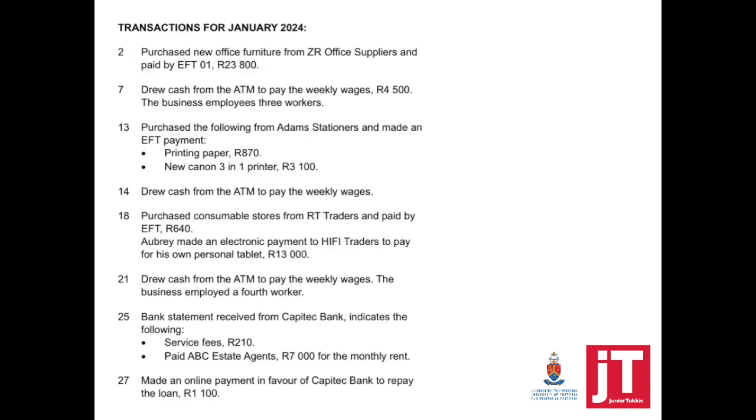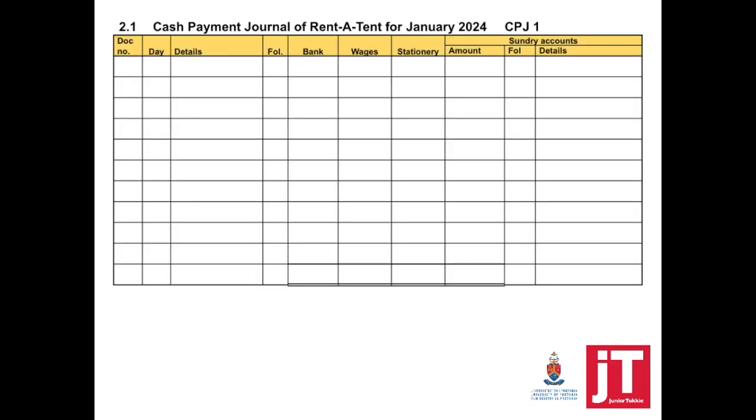So before we look at the transactions that must go into the CPJ, let's get a better understanding of how the CPJ works. When you look at your CPJ, we start with the first column, which is document number. The document number is the evidence or proof that the transaction took place.